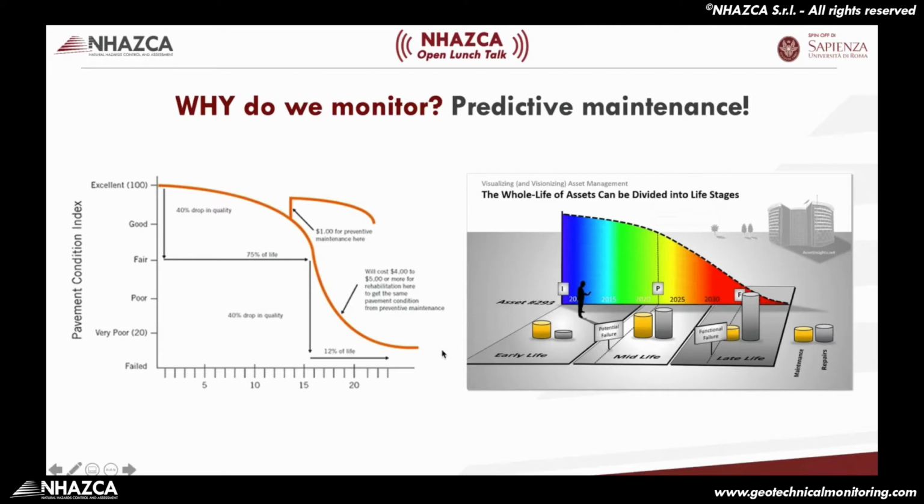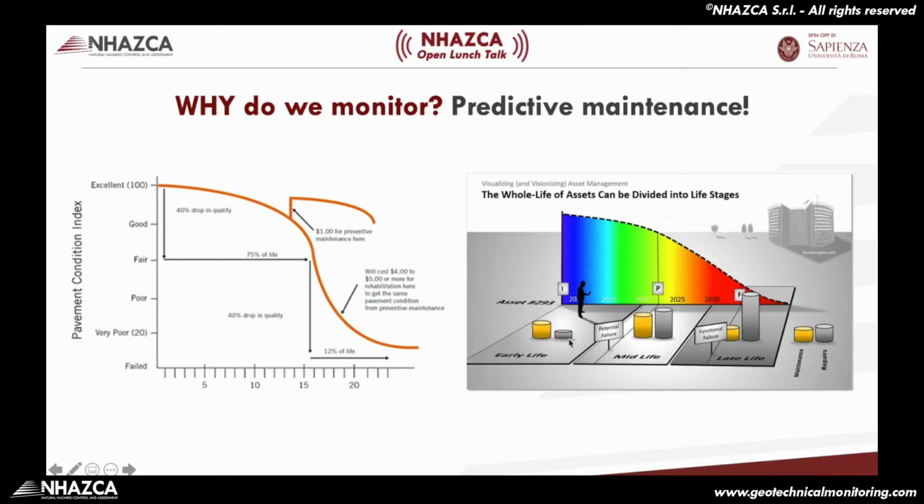If you see here, for example, for pavement, the condition gets worse over time, over the years, but if you make some maintenance effort, you can raise the quality and restart the decline. You can raise it again with maintenance, and so the life cycle and the lifespan of an infrastructure can grow significantly.